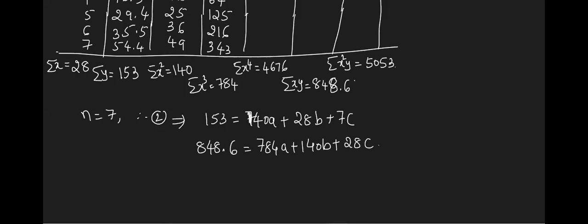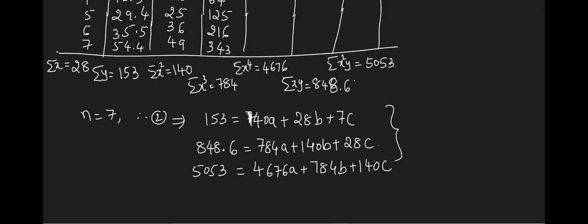Next, x square y, 5053, equal to x raised to 4, so 4676a plus 784b plus 140c. Carefully substitute. Let us call it equation 3, or you can just solve it directly.